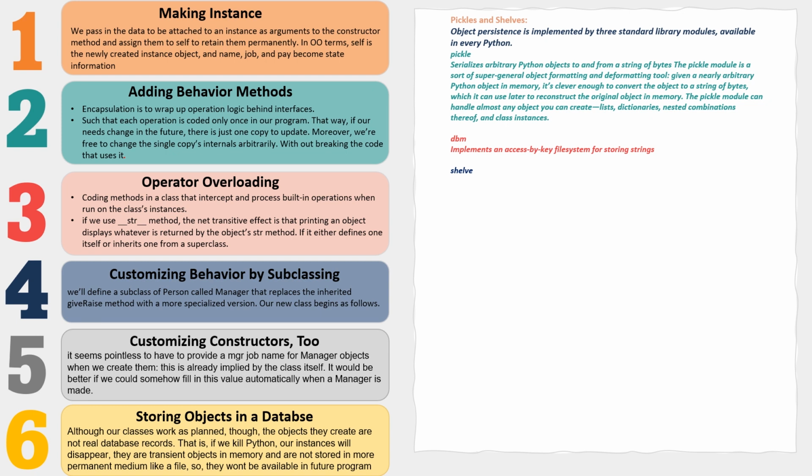When later loading, shelve fetches the pickled string by key and recreates the original object in memory with pickle. The shelve module provides an extra layer of structure that allows you to store pickled objects by key. So shelve translates an object to its pickled string with pickle.